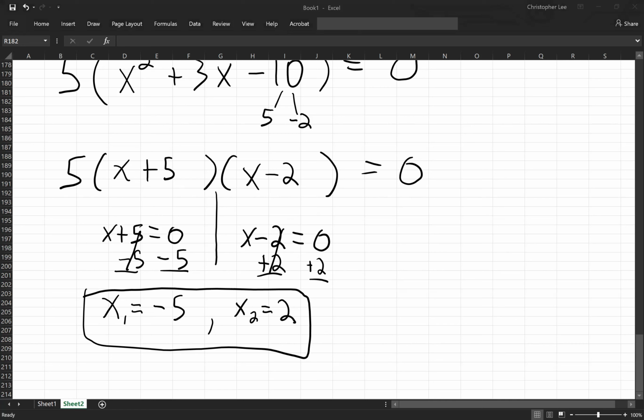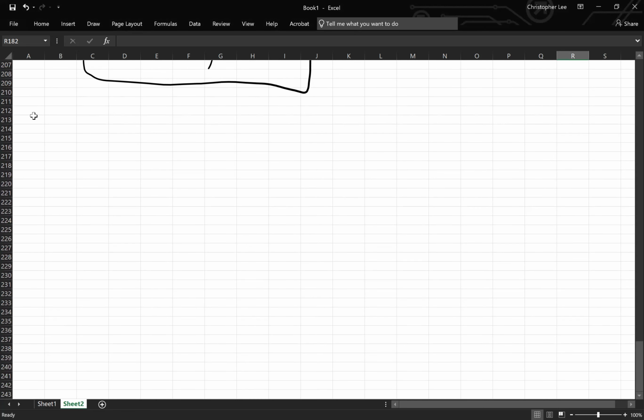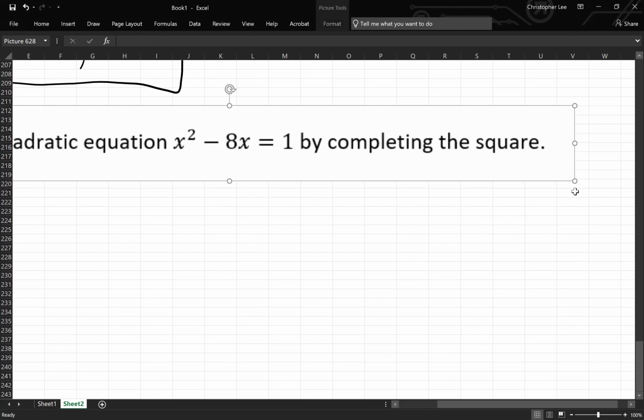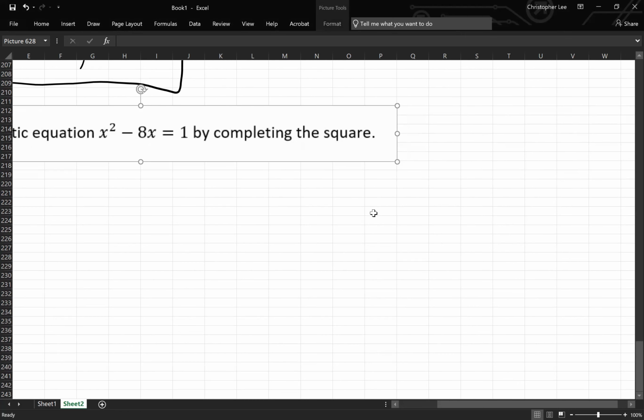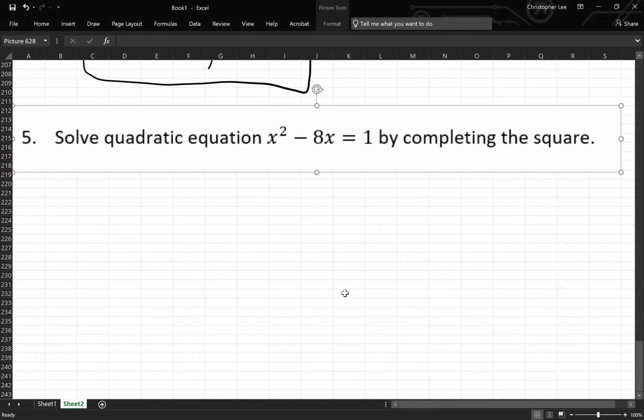All right, let's try something else real quick. So this next question is called completing the square. Give you guys a minute to try this.